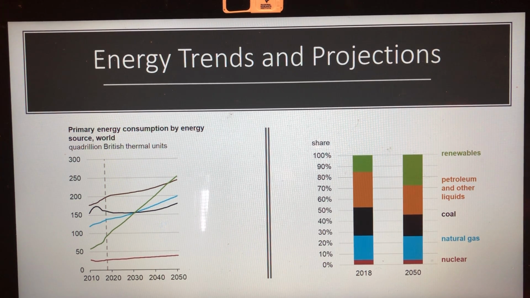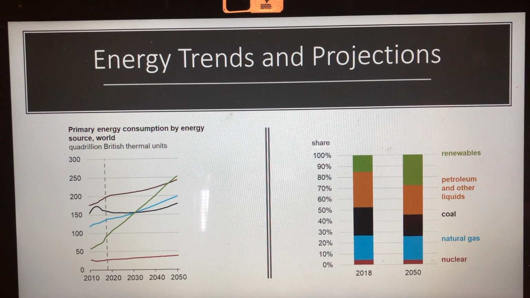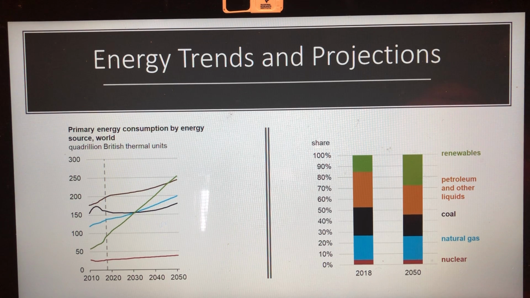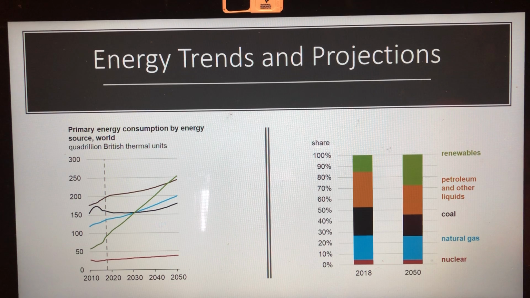The energy consumption trend is increasing over time, as evidenced by increase in consumption for most energy sources. Even the projections from both graphs here show a significant increase in consumption by 2050.